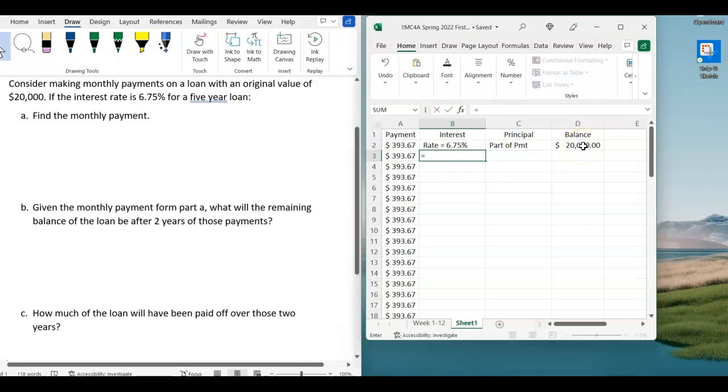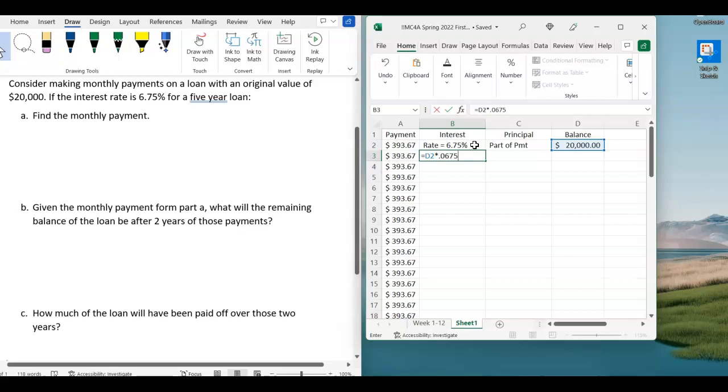It starts out at $20,000, but that will change. So we click this, and it gives us the cell D2, that's this $20,000. We're going to multiply that by 6.75%. As a decimal, we can write that as 6.75 over 100, or 0.0675, which is probably more common.